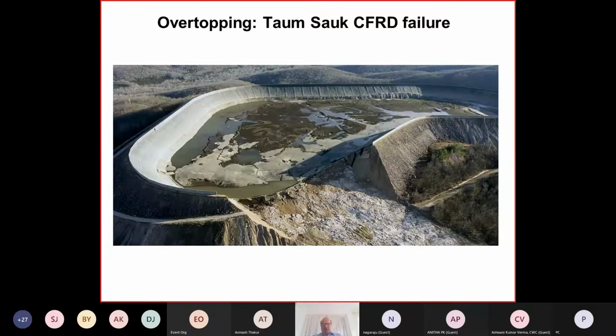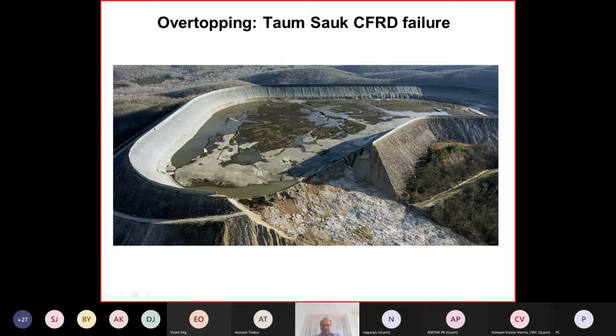Now, okay, this is faulty operation. Also in the US is a pump storage plant. This is the upper reservoir here. And the problem was, I have also shown it before, that people were pumping water into the upper reservoir, not knowing that the reservoir was full because the water gate was not functioning properly.